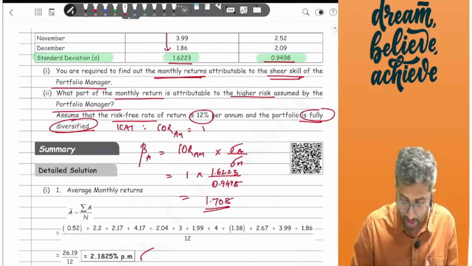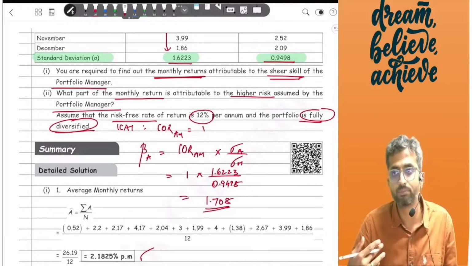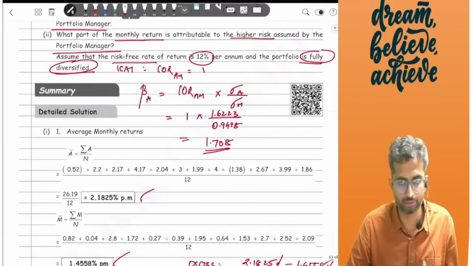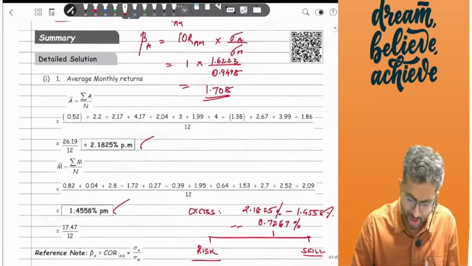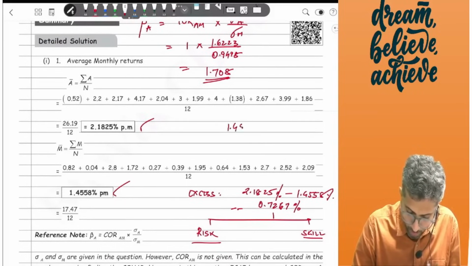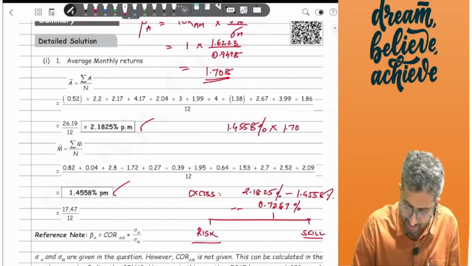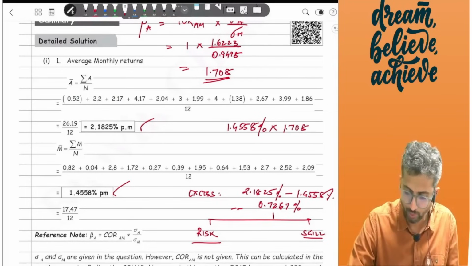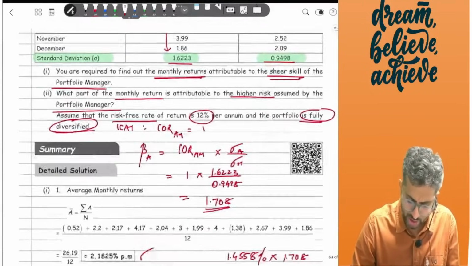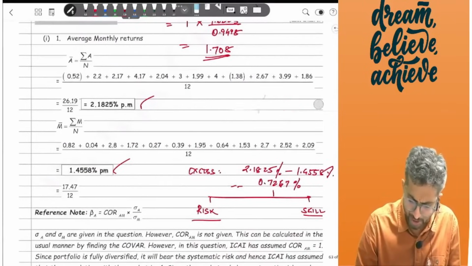Now this is your beta. So your security will fetch a higher return because the beta is higher. So basically you can say that 1.4558, loosely speaking, as per the institute solution, into 1.708. So if I do 1.4558 into, sorry, I will have to use a CAPM equation.